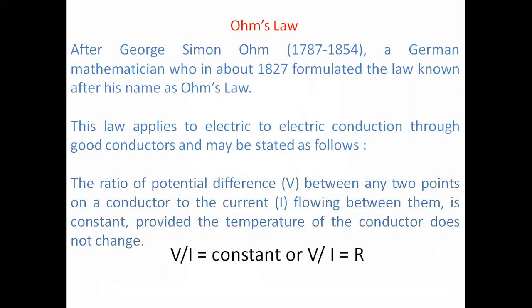It is nothing but V by I is equal to constant, or V by I is equal to R. R is the proportionality constant. So the ratio of the potential difference across any 2 points of a conductor to the current through that conductor is equal to a constant.